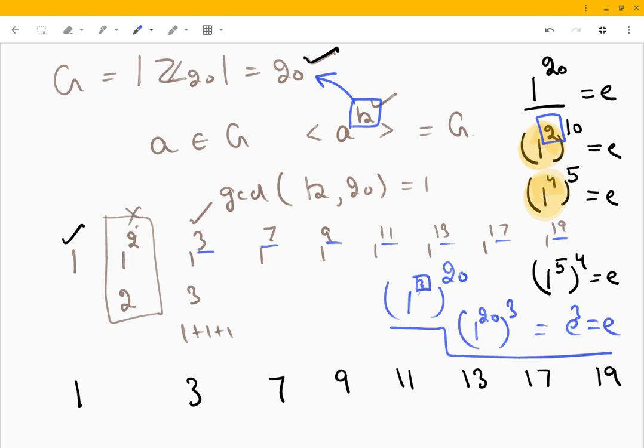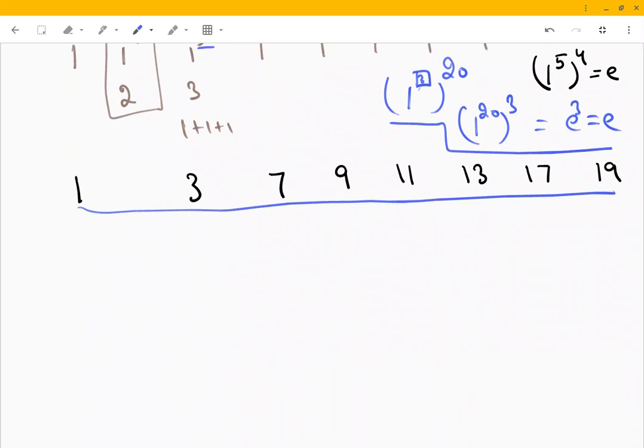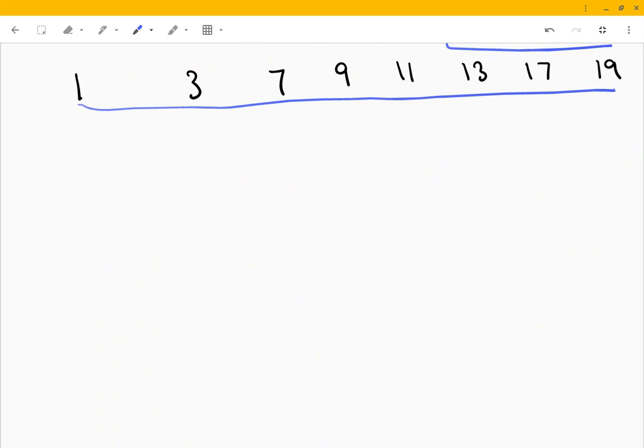So these are the generators, right? So what this implies for us is that the cyclic group of all of these will generate the entire group. That means the subgroup generated by them, they generate the entire group. Okay, so there is no proper subgroup generated by them.